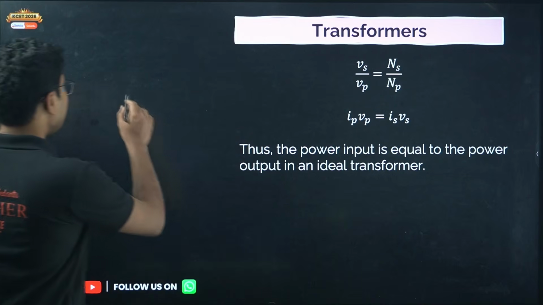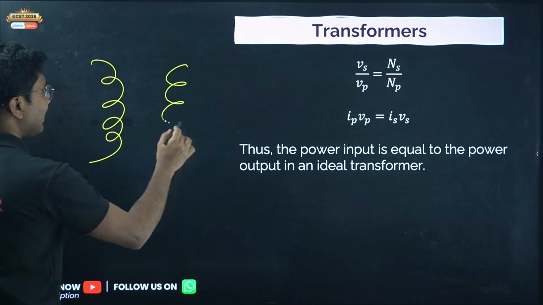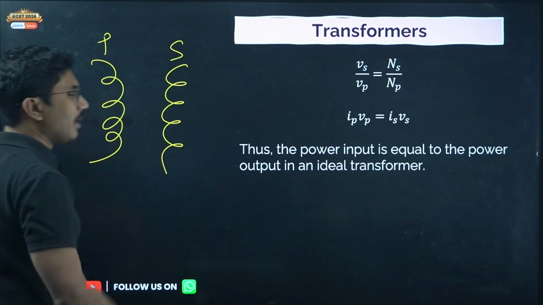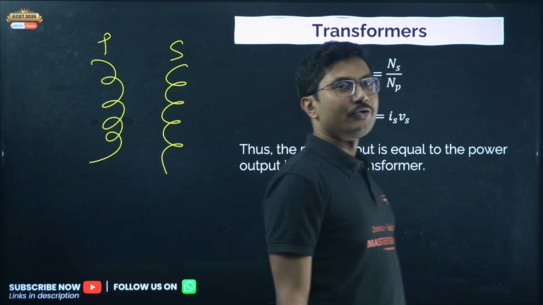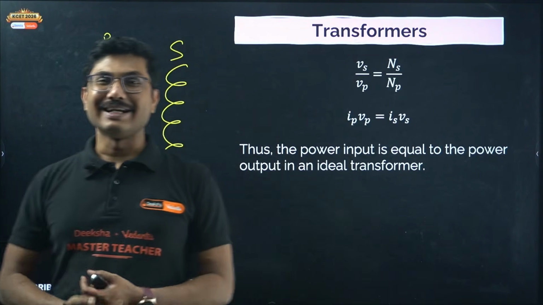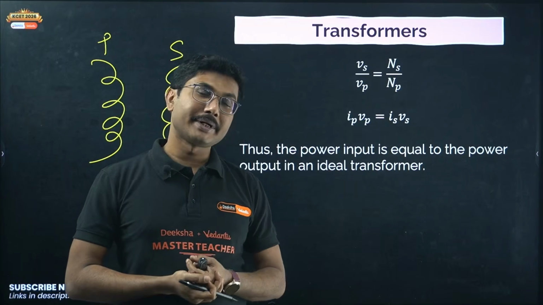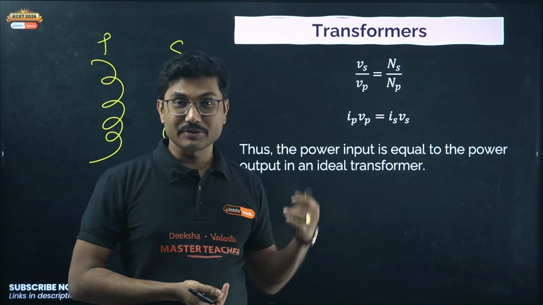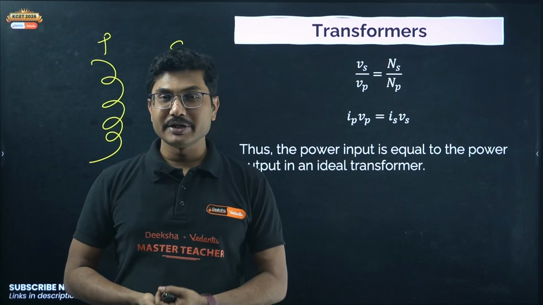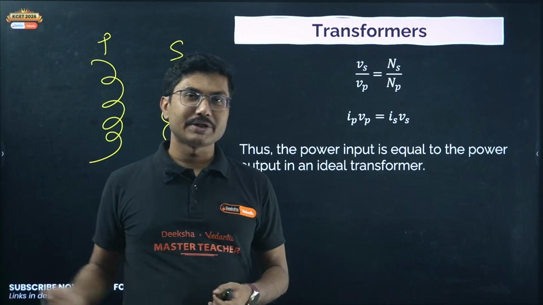So basically the number of turns that you use in the primary and secondary determines how much voltage you will get. If the voltage is increasing, then it is called a step up transformer. Generally step up transformers are used in power stations when the power is produced, and a step down transformer is used to reduce the voltage which is being used in our domestic supply.